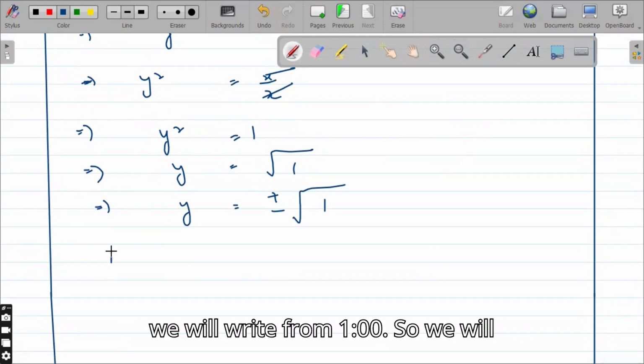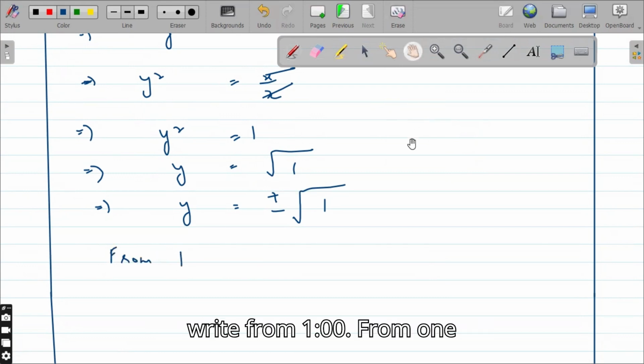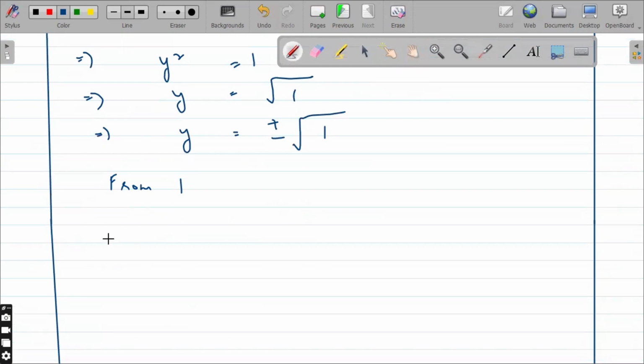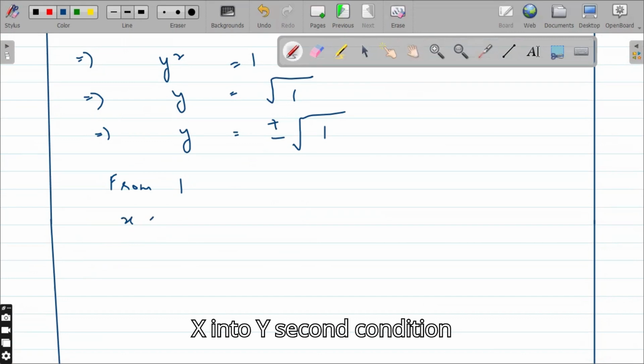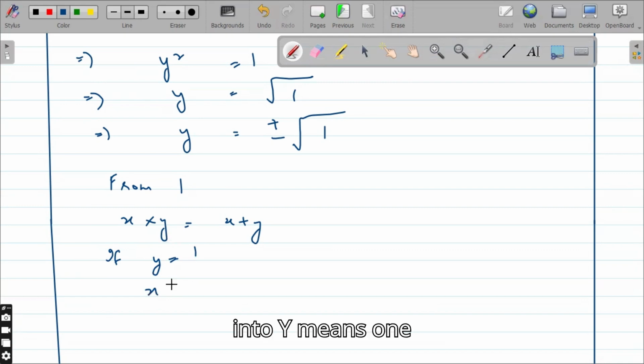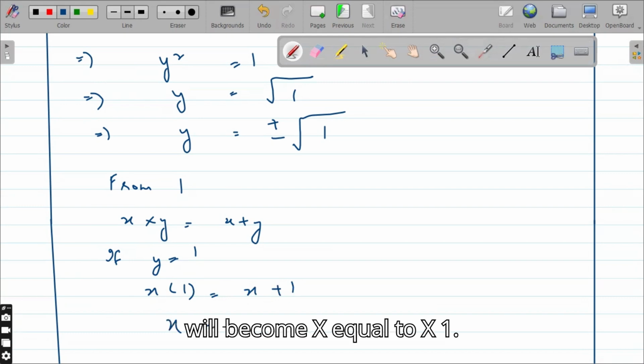So we will write from equation 1, x into y, the second condition, equal to x plus y. If y equal to 1, then x into 1 means x, and x plus 1. So it will become x equal to x plus 1.